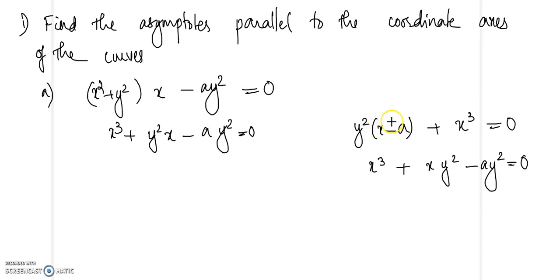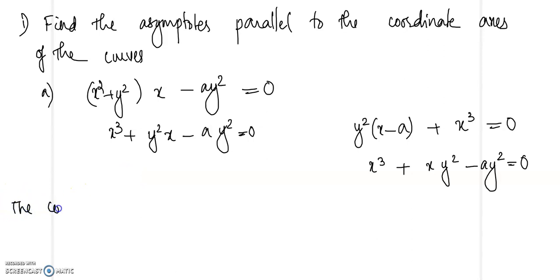First let us find the asymptote which is parallel to the y-axis. The highest power of y gives y square into x minus a, plus x cube equal to 0. So phi of x is equal to x minus a. Upon equating x minus a to 0, we will get the asymptote as x equal to a.